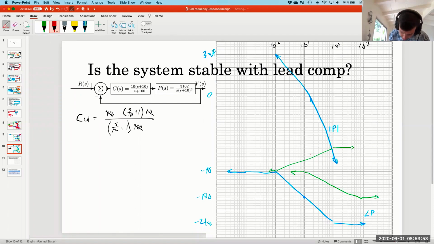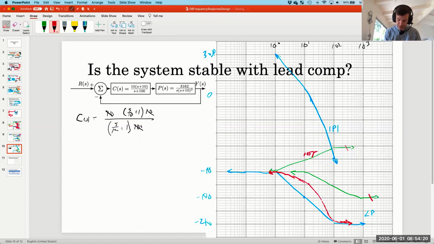Because this is a plus 45, whereas this in blue is a minus 90, but I get something effectively like this. And the high frequency phase actually isn't affected because this and this will eventually cancel each other out. So all I'm doing is adding this little boost, this little phase bump in the region of interest, right?